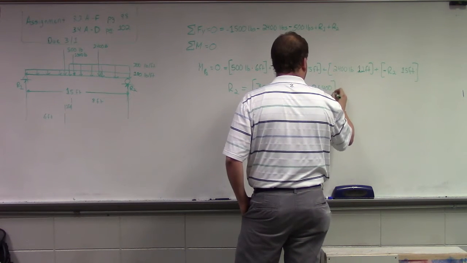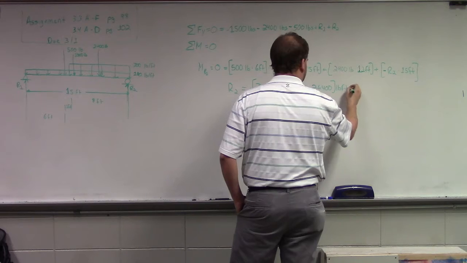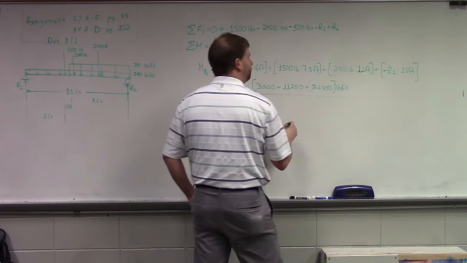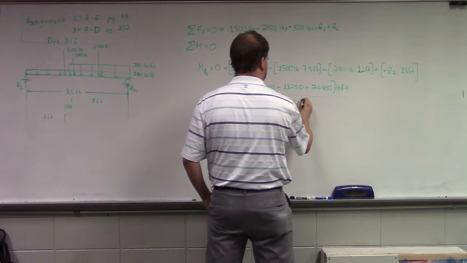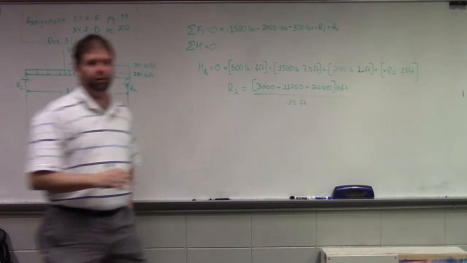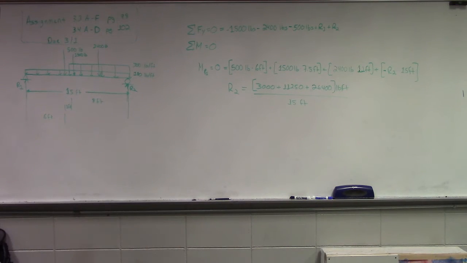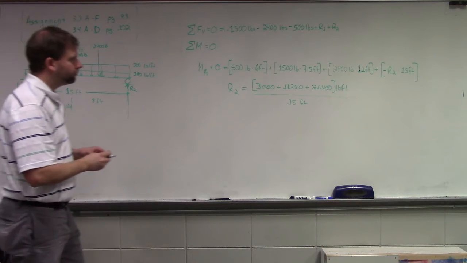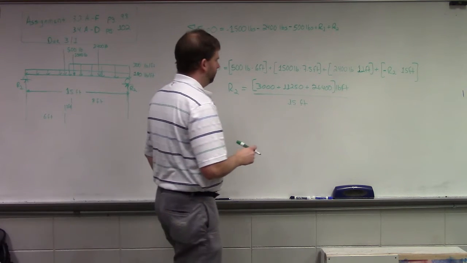All of it together is like 40,650. Right? Divide that by 15 and we get 2710.